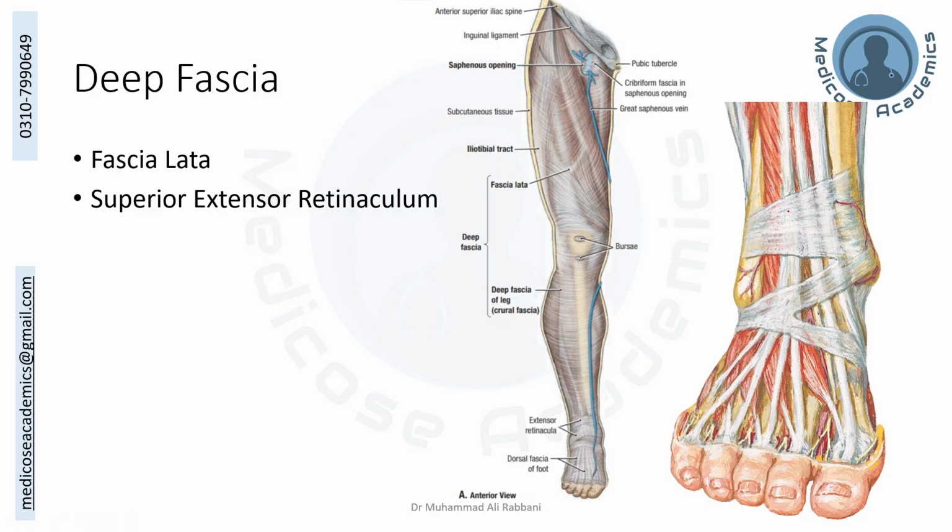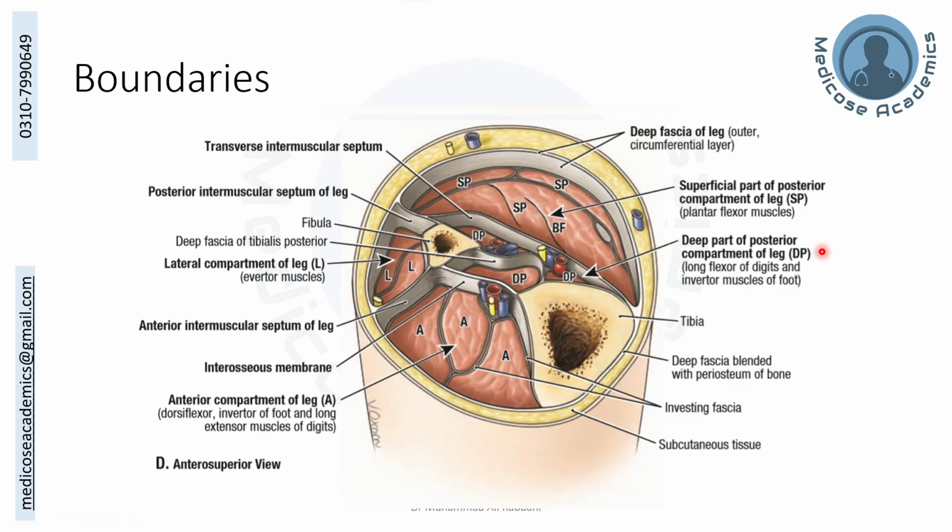It is attached to the anterior borders of the fibula and tibia, and the tendons of hallucis and tibialis anterior and digitorum pass between them, along with the anterior tibial artery and the deep branch of the common peroneal nerve. We will discuss this again as we conclude the muscles and structures.